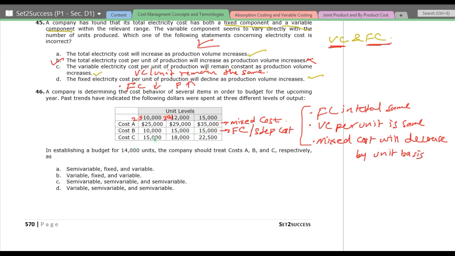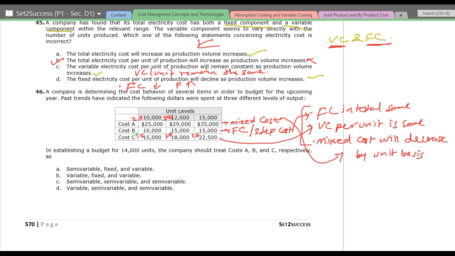Now let us see cost C. 15,000 by 10,000 is 1.5. 18,000 by 12,000 is 1.5. 22,000 by 15,000 is 1.5. So variable cost per unit is the same, fixed cost in total is the same, and mixed cost will decrease on a per unit basis.